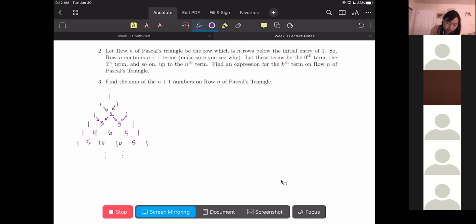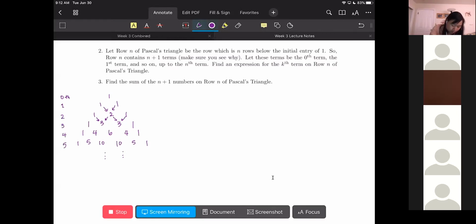Okay, cool. So let's start labeling some of these numbers and rows. Let row n be the row which is n rows below the initial entry of 1. So for example, let's call this the 0th row. This one can be row 1, row 2, row 3, row 4, row 5.